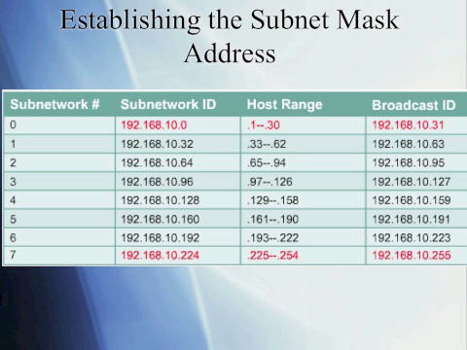That's where we take a look at the bits that are left over. 1, 2, 3, 4, 5. 2 to the power of 5 equals how many? 32. So it's going to be every 32 numbers is going to be a whole other network.